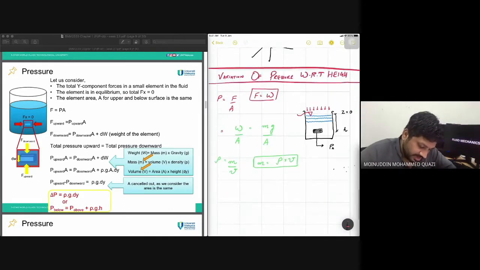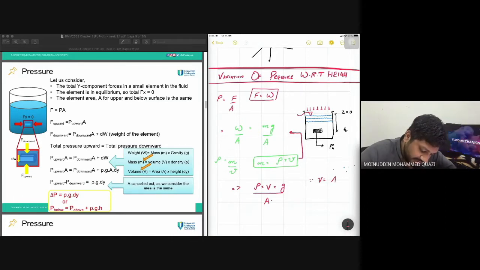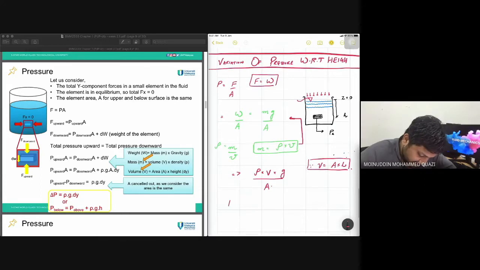Now let's put this mass value in this equation. So this becomes density into volume into gravity, whole divided by area. Now the formula for volume is equal to area multiplied by length. So pressure is equal to density multiplied by area multiplied by length multiplied by gravity, whole divided by area.